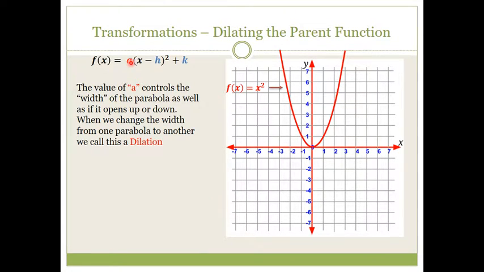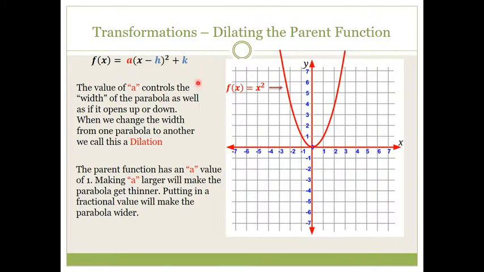The a value, as I kind of mentioned earlier, is what controls the width of the parabola, and also whether it opens up or down. If it's a positive value, it opens up. If it's a negative value, it opens down. It turns out that if you make the a value a large number, larger than 1 absolute value-wise, like 2, 3, 4, 5, or even -2, -3, -4, -5 if the graph was going down, it makes the parabola thinner.